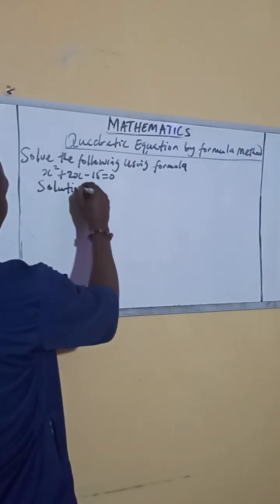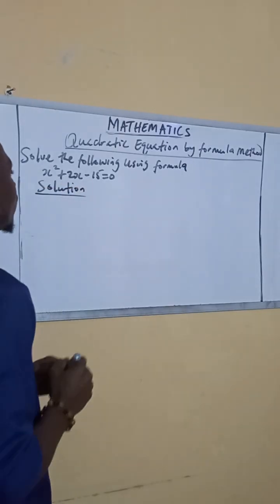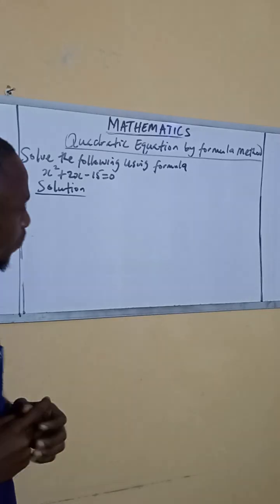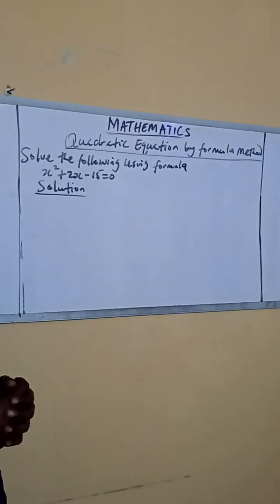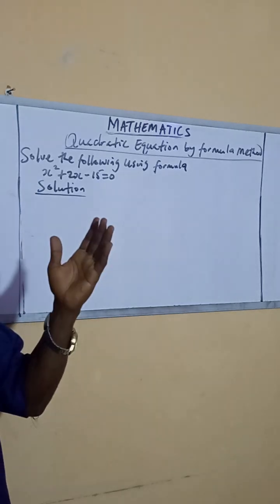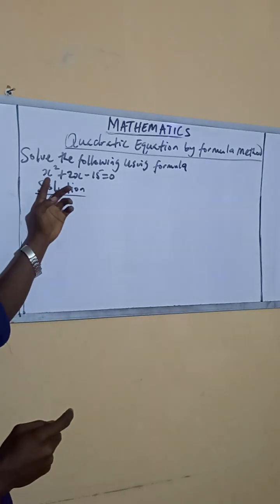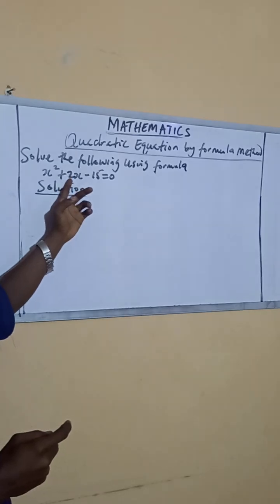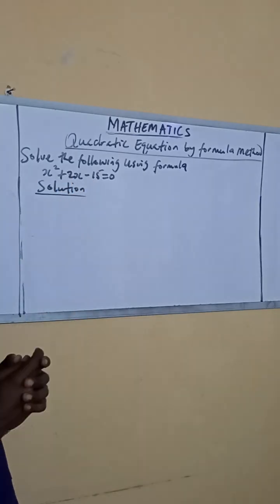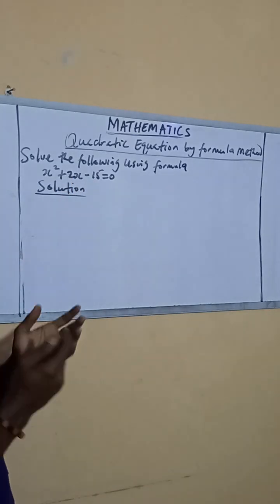Right, solution. Now, if you look at this question, how do we solve this? Without thinking too much, we can label this to be A, label this to be B, and label this to be C. What do I mean by that?